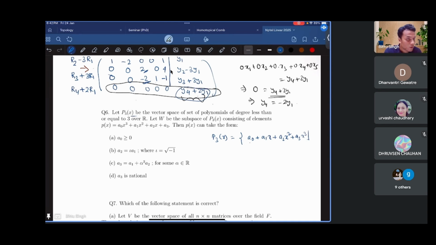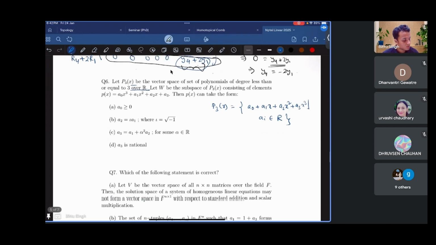And the coefficients should come from real numbers. So P3(x) will look like this: all such polynomials up to degree 3, with coefficients from real numbers, because it is a vector space over the real numbers.